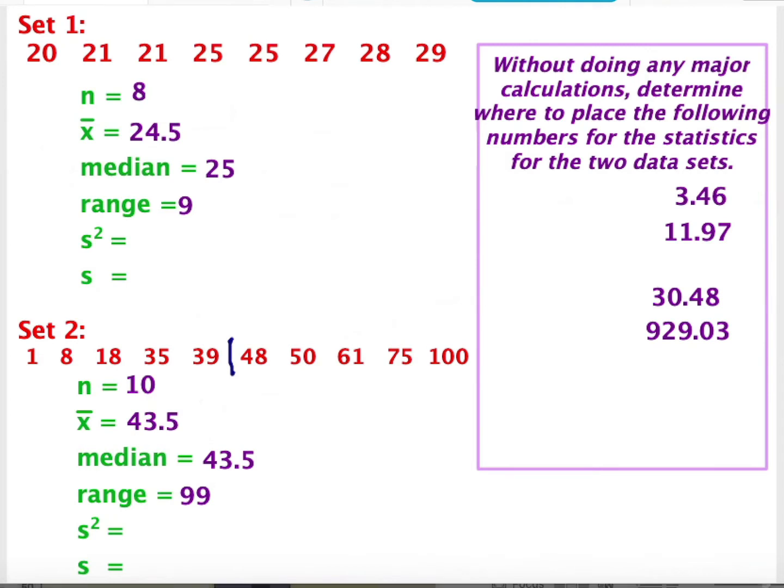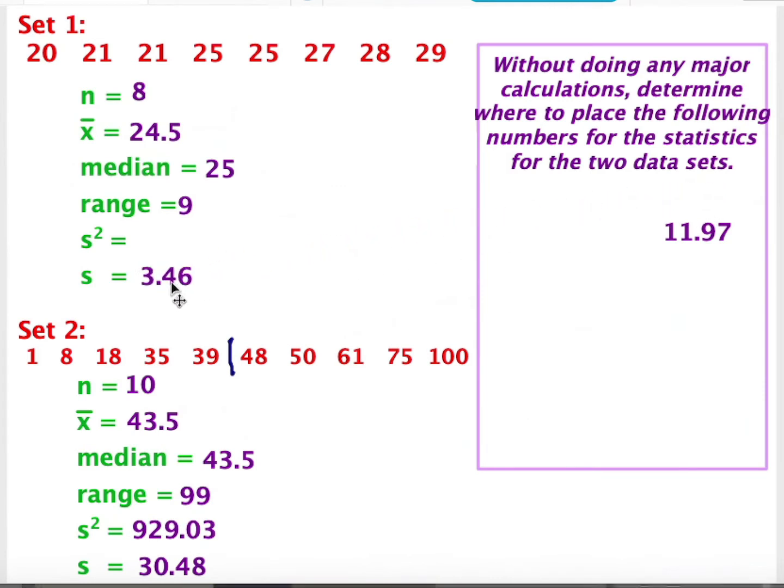Now which of these data sets is more spread out? I would say set 2 is more spread out, so we should expect it to have a higher standard deviation. When it's more spread out, we get higher standard deviation and variance, and when it's not as spread out from the mean, we get lower values.